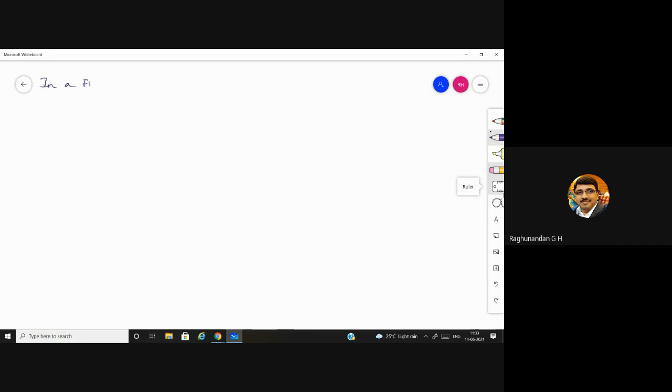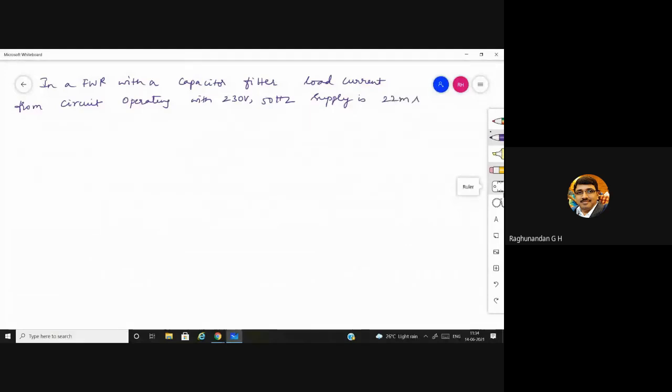In a full wave rectifier with a capacitor filter, the load current from a circuit operating with 230 volt 50 hertz supply is 22 milliamps.